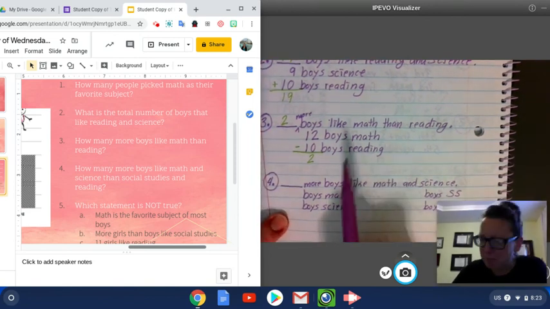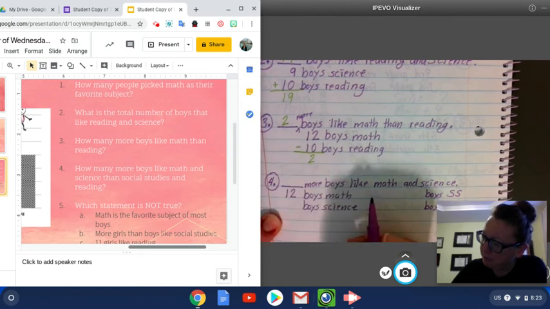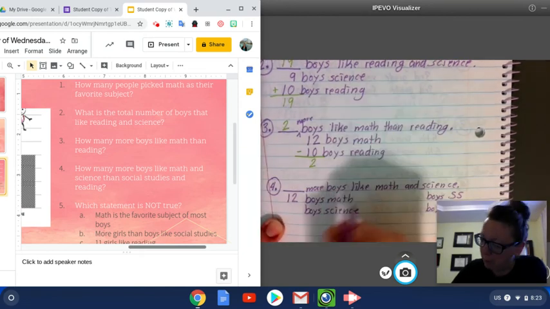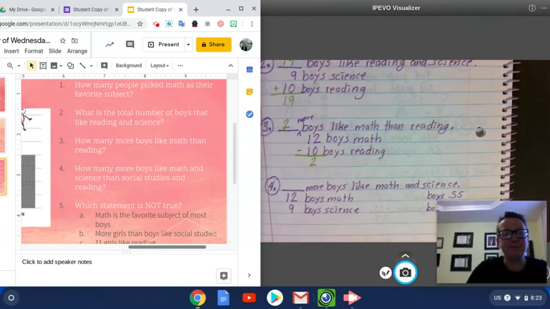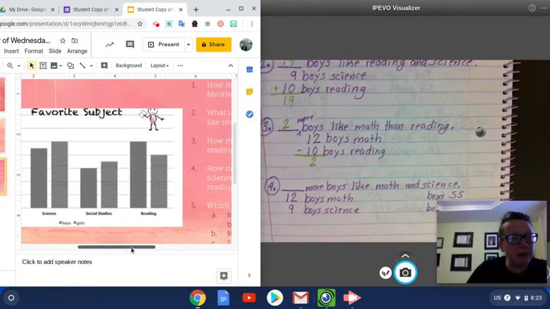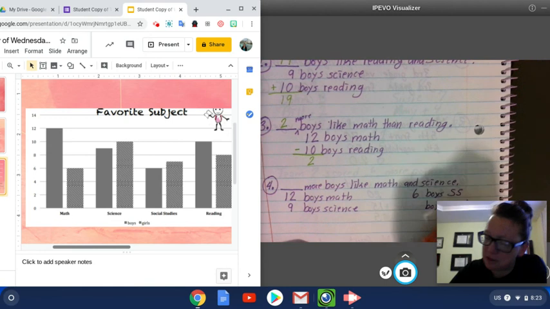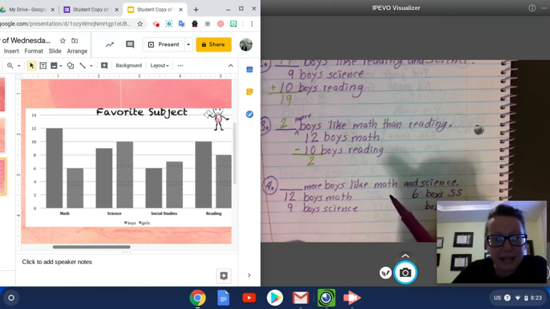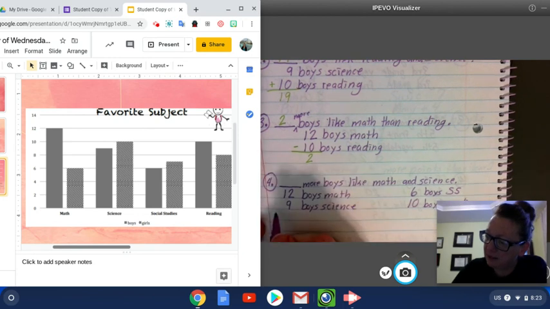If I go back in my other notes, I know that 12 boys like math, 9 boys like science. I don't know about social studies. And I can always go back so I can see that 6 boys like social studies and 10 boys liked reading.